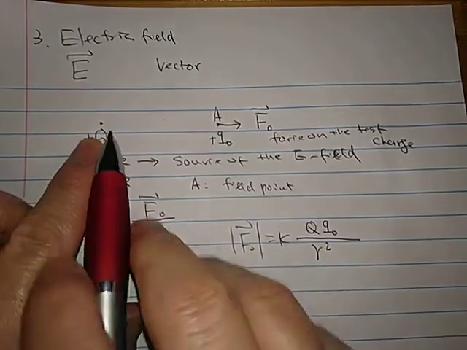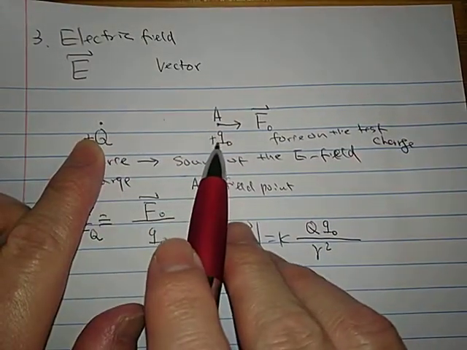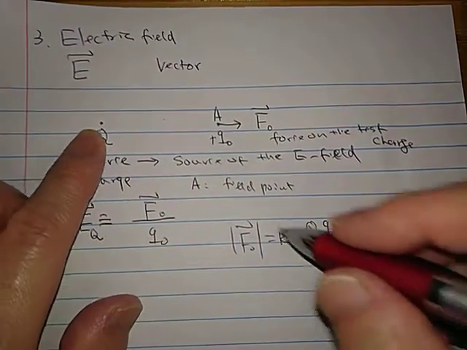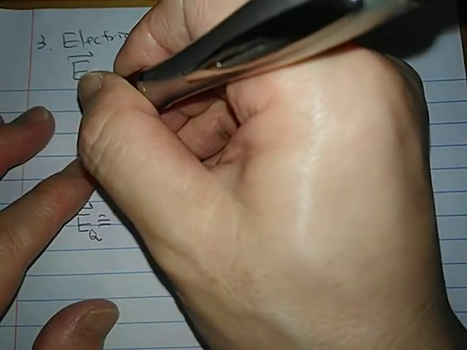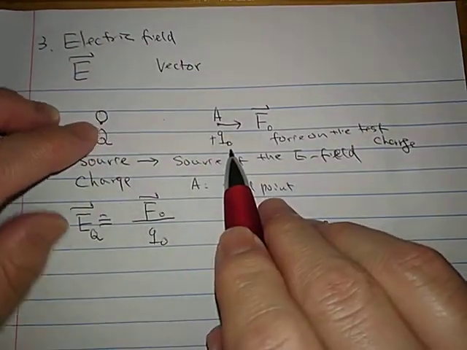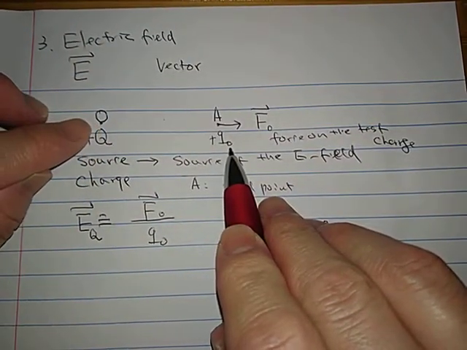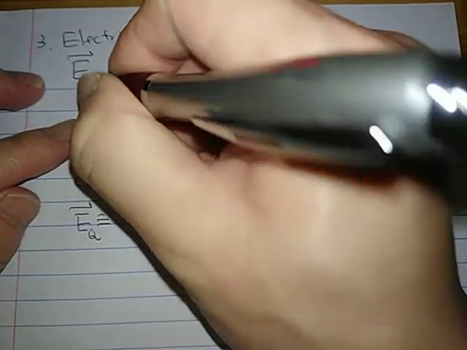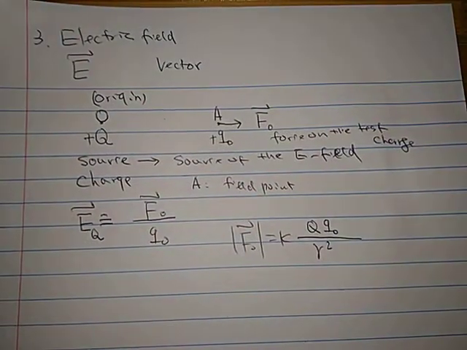The distance should be from Q all the way to the test charge. Let's just write them down. Suppose this is the origin, so we put the O here. Do not get confused with 0. This is the origin. Let me write this down to be more precise. So that's where the origin is situated.